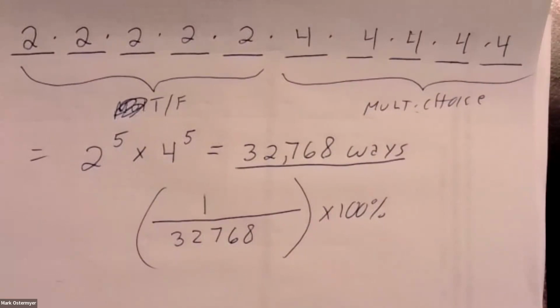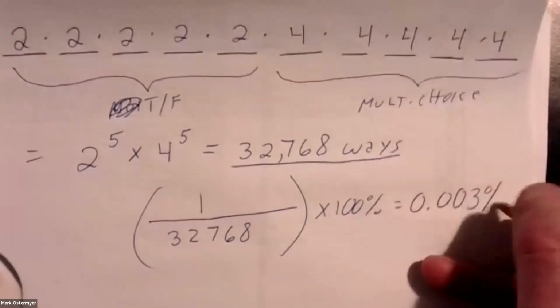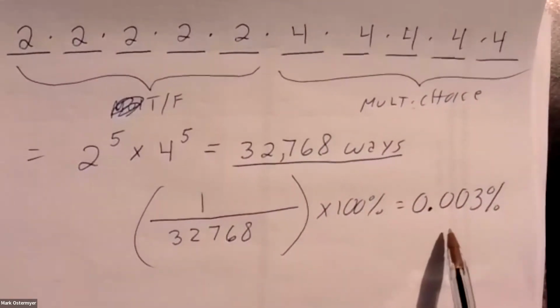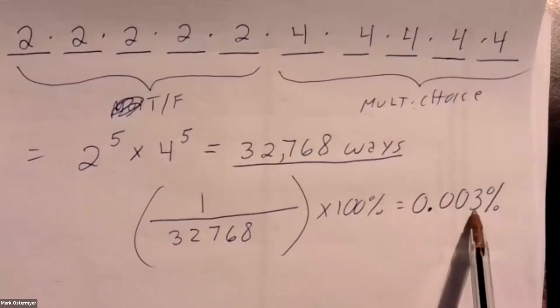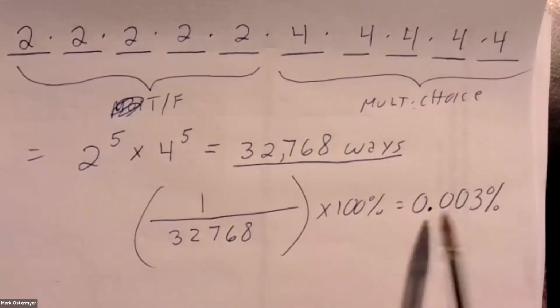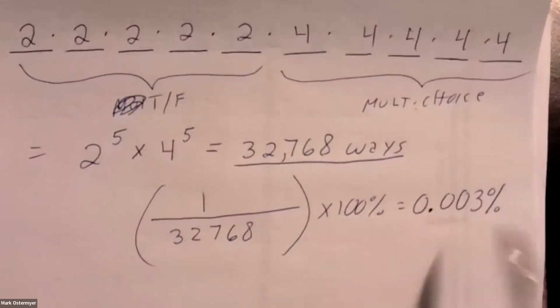You got to be kidding me. This is like 0.003% chance of purely guessing and scoring 100% on this exam. That's only 0.003 of 1%. This is not even close to being close to 1% chance. That's minuscule.